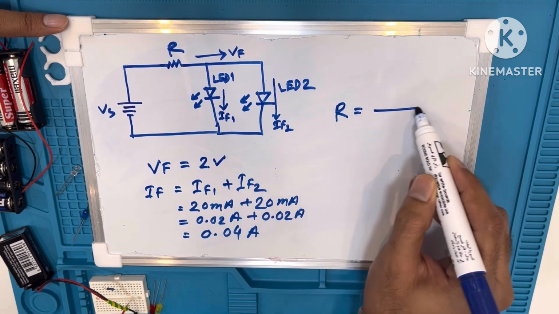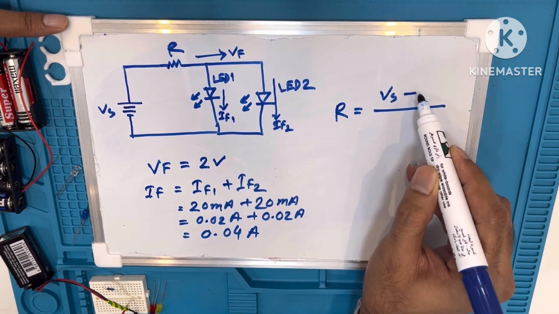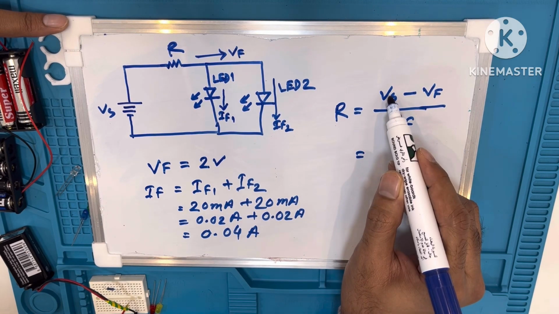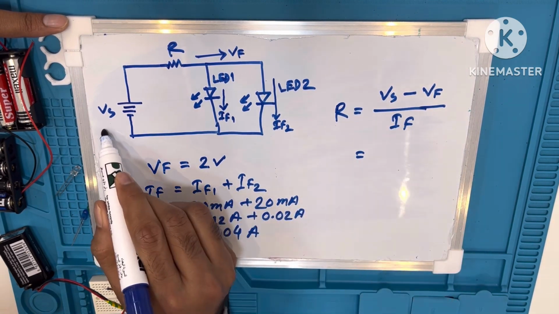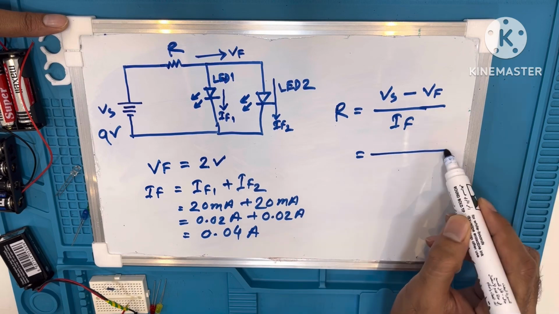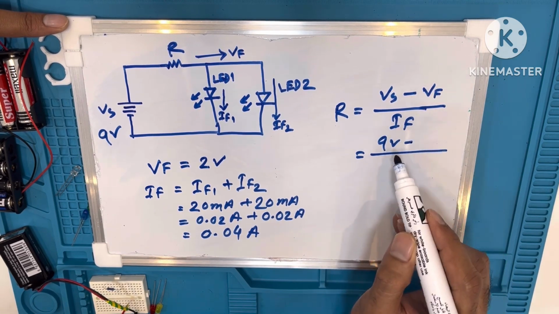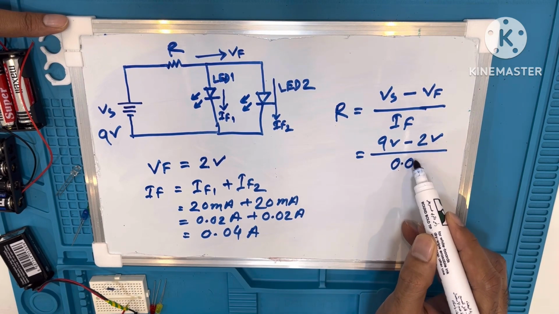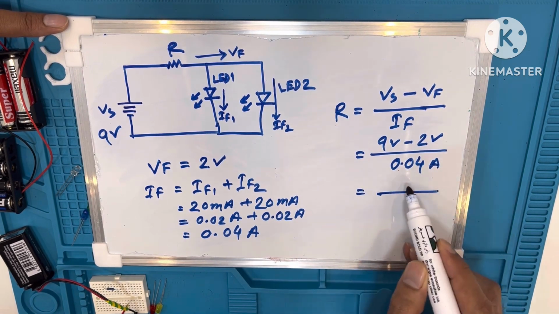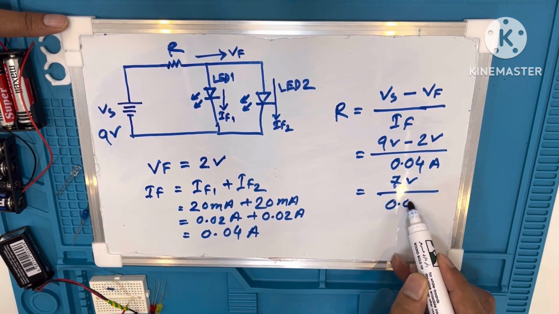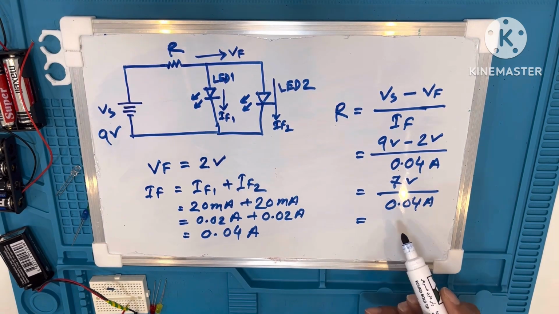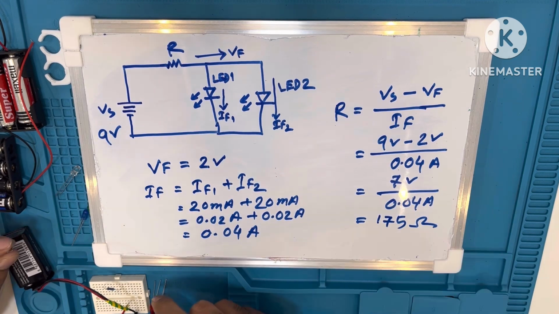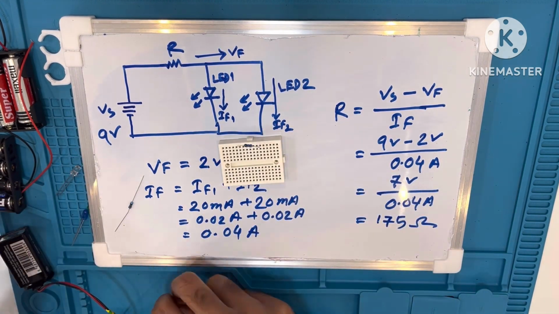Using the previous equation, which is R equals source voltage minus forward voltage divided by forward current, let's consider the source voltage is 9 volts and complete the calculation. From the result, now we know we have to use a 170 ohm resistor.